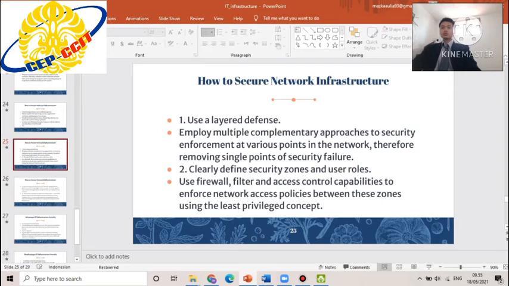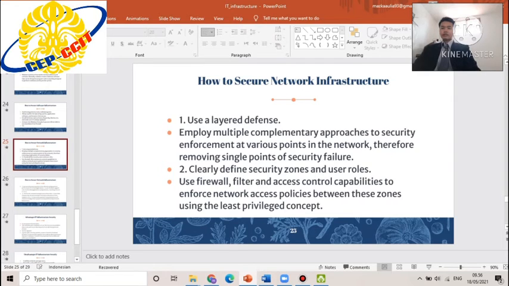Okay, this is the way how to secure network infrastructure. First, use a layered defense. Employ multiple complementary approaches to security enforcement at various points in the network, therefore removing single points of security failure. Second, clearly define security zones and user roles.